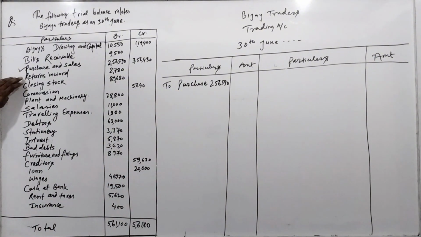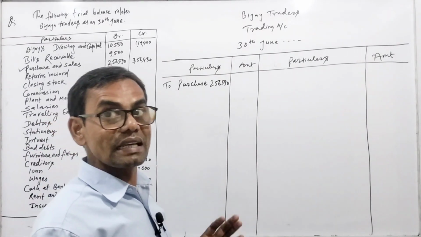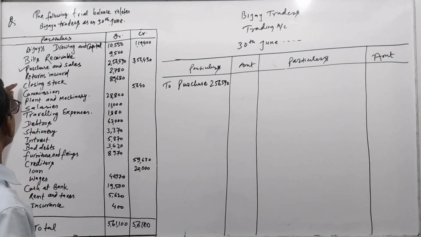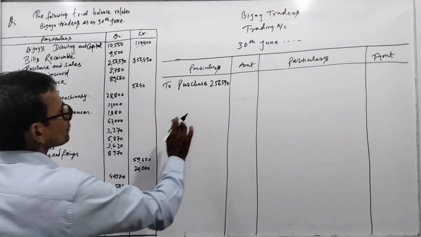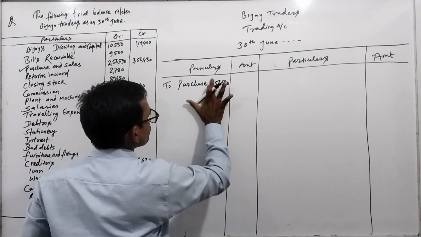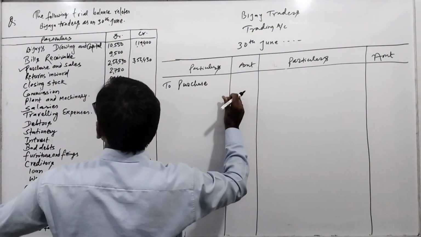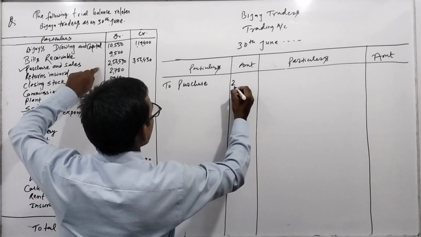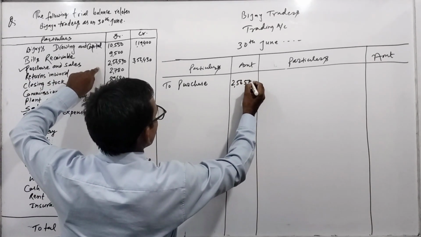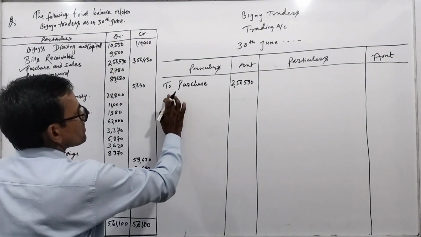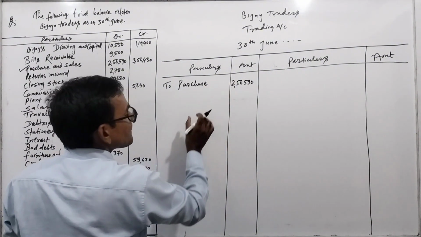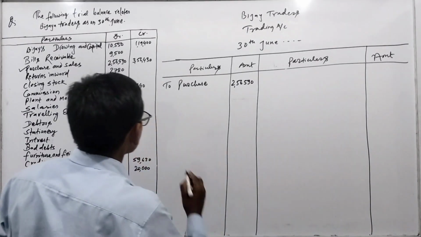Then you have to see about return. Here is returns inward. Return inward is sales return. So there is not written purchase return. Here is not any item of purchase return. So you don't less purchase return, just you put 2,56,590. If purchase return is given, then you have to subtract from purchase to find net purchase.